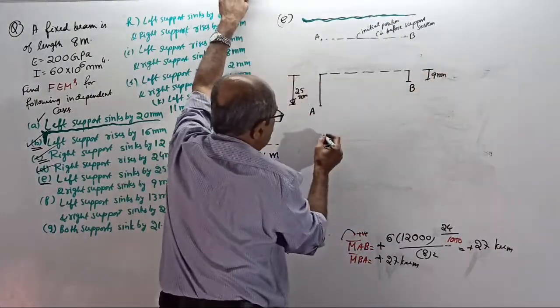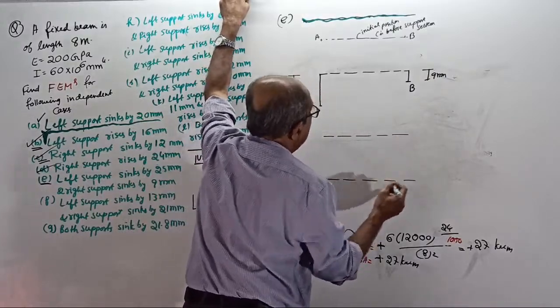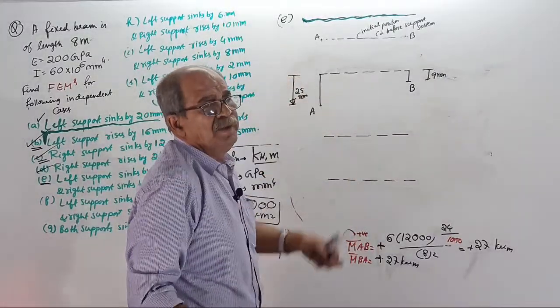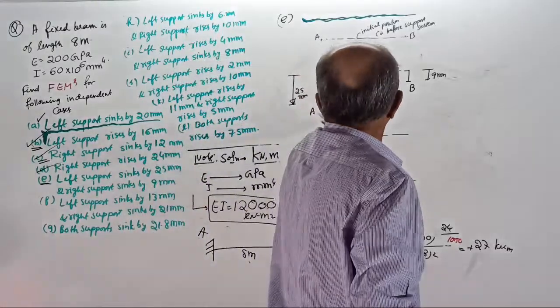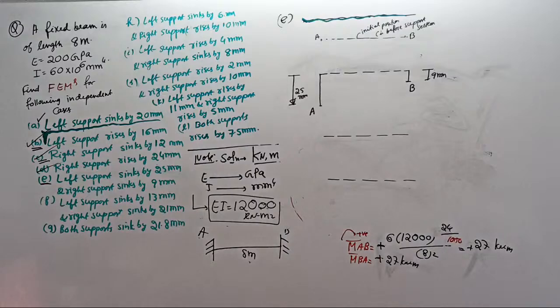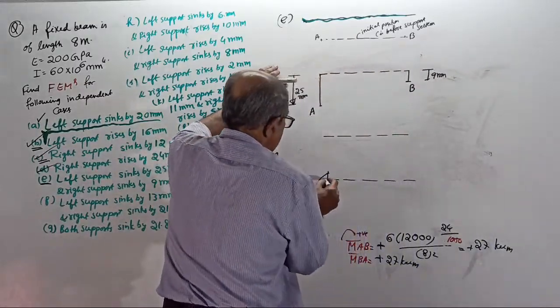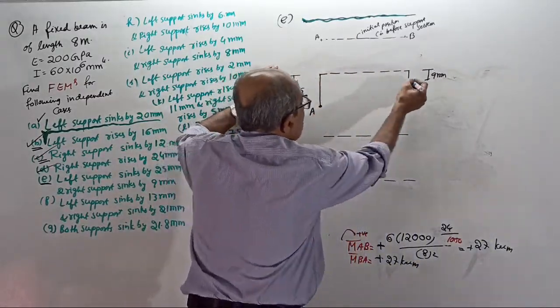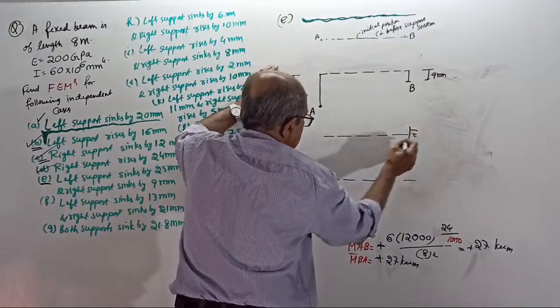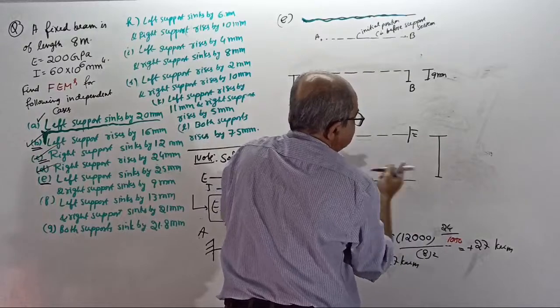Now draw 2 parallel lines. Tell me, A is below or B is below? By looking only you can make out which is below. A below. So somewhere here mark A. Now with respect to A, mark B. Clear? So tell me correctly now, what is your delta?